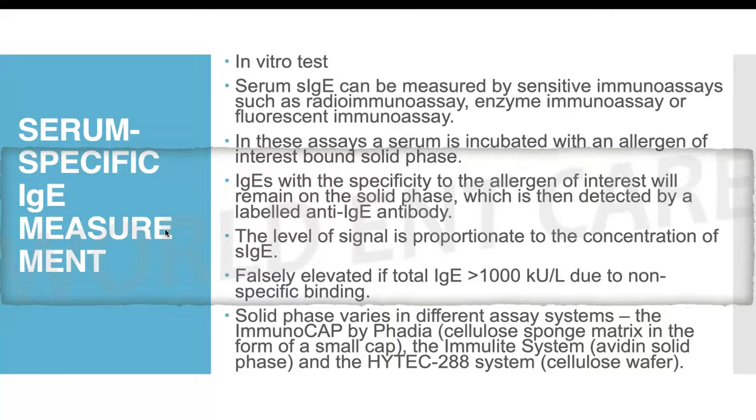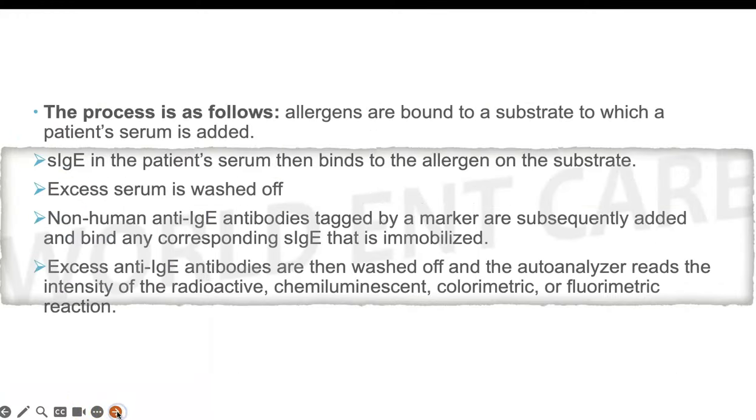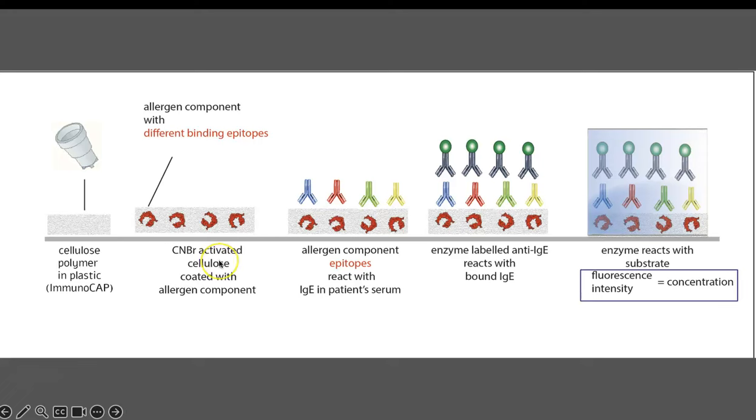Now, the solid phase varies in different assay systems. There are various companies that make these assay systems, which have a solid phase where the allergens will bind. For example, this is by the ImmunoCAP company. There is this solid phase here that is cellulose polymer, where the allergen components with different binding epitopes will be there, and they are CNBR activated.